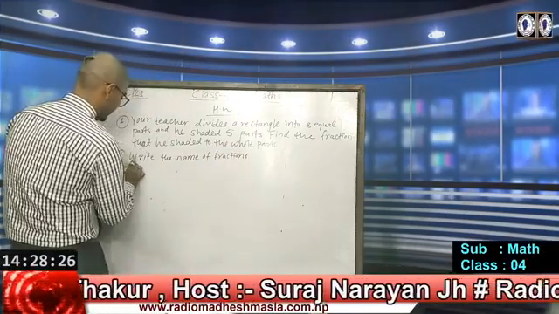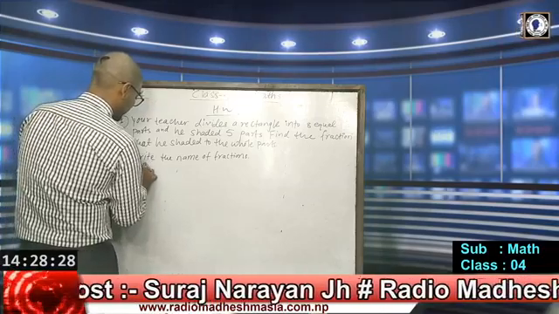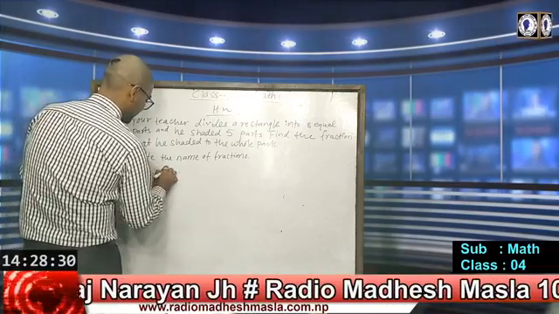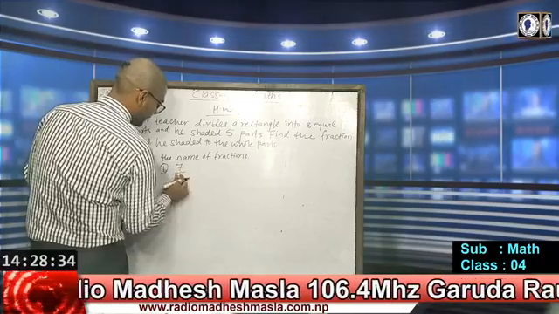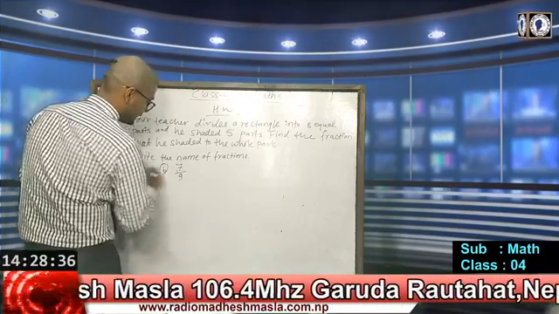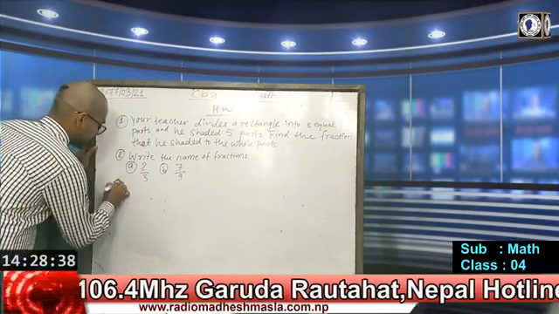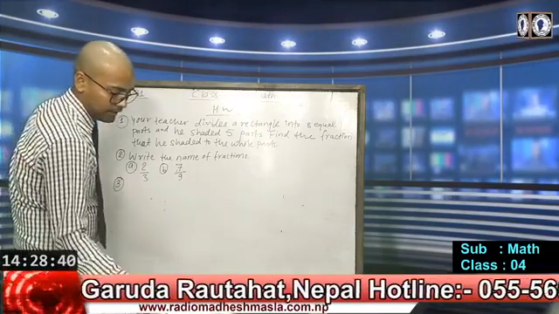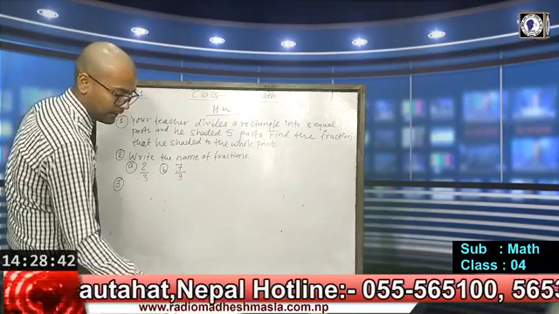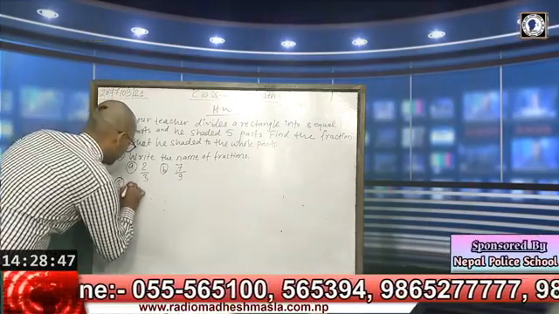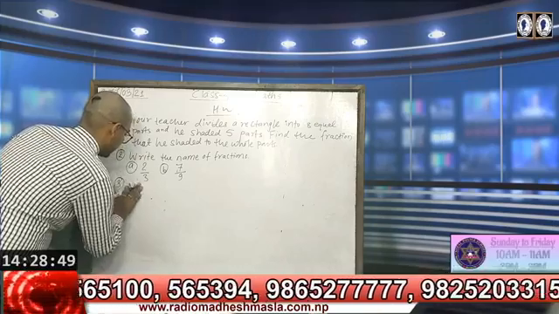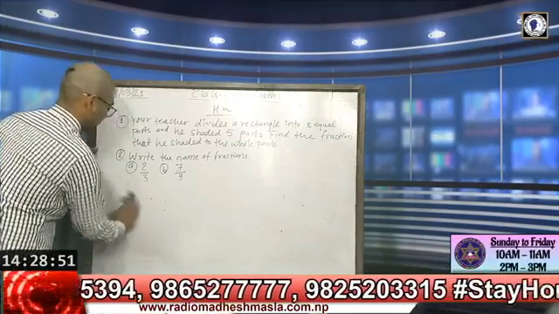You have the given questions: A, 2 by 3; B, 7 by 5; or 7 by 9, sorry. Then in question number 3, write the question and find the... That is all for today.